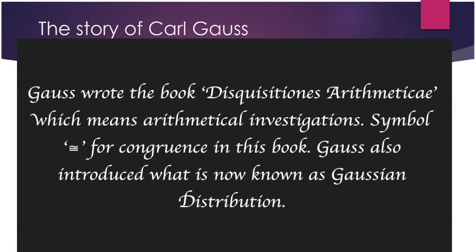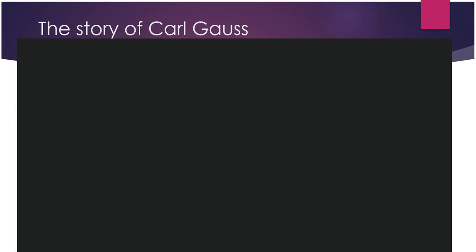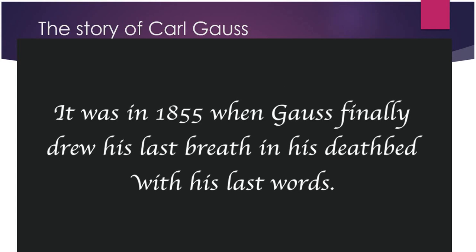Gauss wrote the book Disquisitiones Arithmeticae, which means arithmetical investigations. A symbol is used for congruence in this book. Gauss also introduced what is now known as the Gaussian distribution. It was 1855 when Gauss finally drew his last breath on his deathbed with his last words.